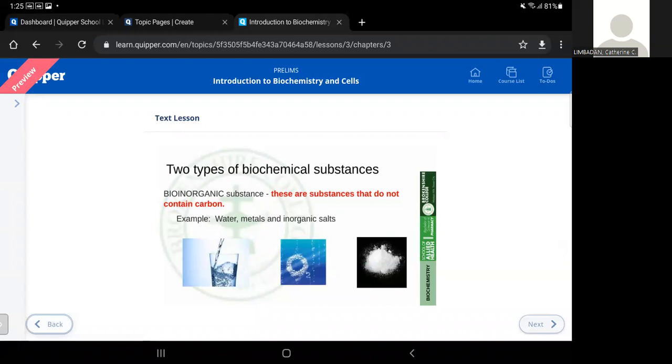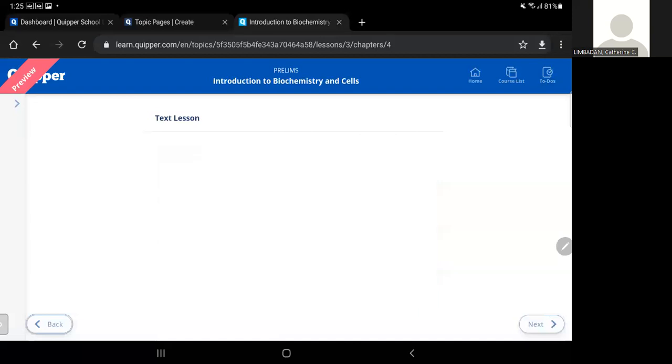The transport of these bio-inorganic substances and chemicals is also necessary for the sustainability of the life of the cell, of us people, as living creatures. Very important, especially our organic substances.